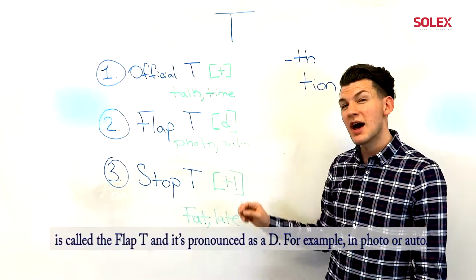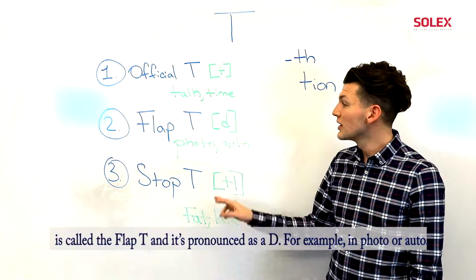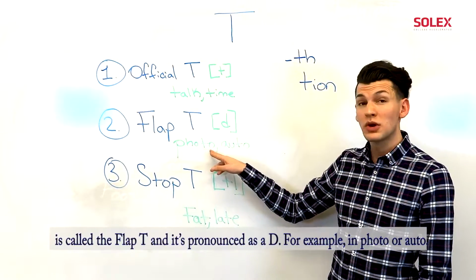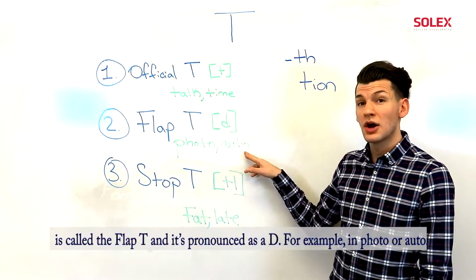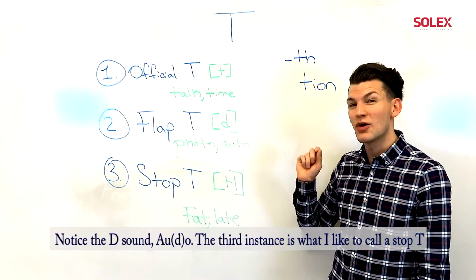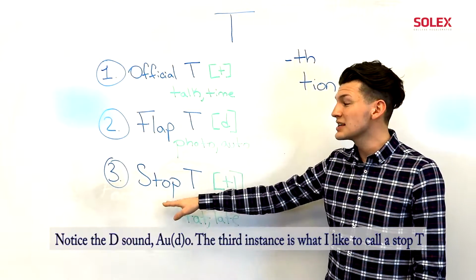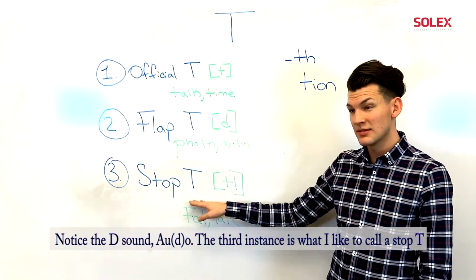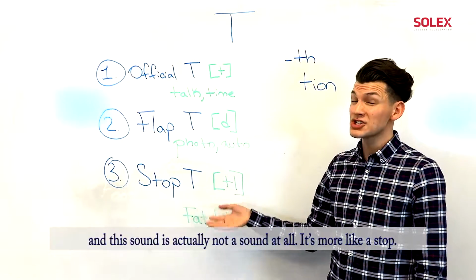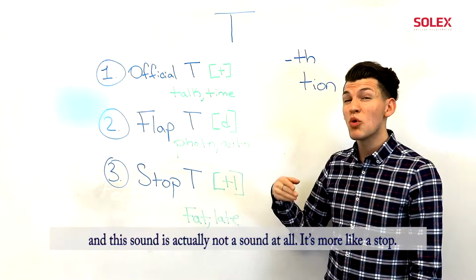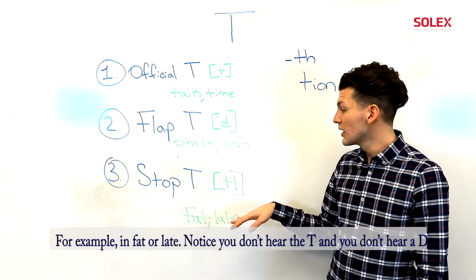The second case of how to pronounce the T is called the flap T, and it's pronounced as a D. For example, in photo or auto, notice the D sound, auto. The third instance is what I like to call a stop T. And this sound is actually not a sound at all. It's more like a stop.